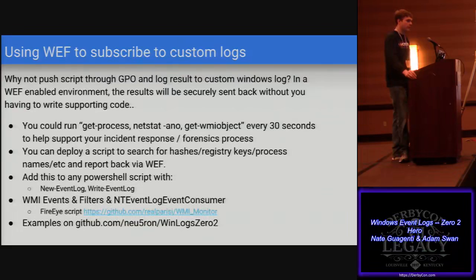So one thing that you don't hear a lot of people talk about for some reason or another is you can write to Windows logs yourself. So if there's any sort of telemetry you want, we write it. We wrote a script for the ARP cache. Every 30 seconds, we want to see the ARP cache so we can get an idea of who our hosts are seeing on the network.